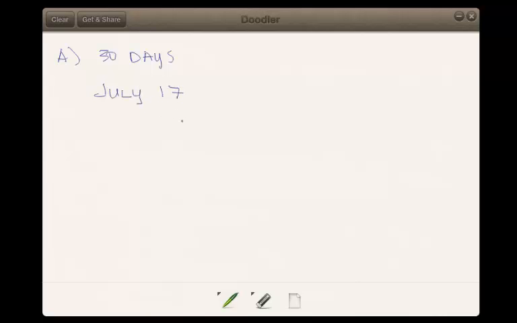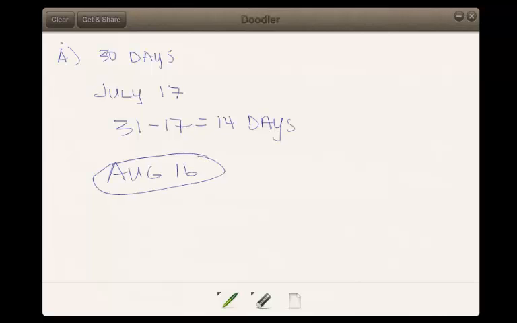July has 31 days in it, so 31 minus 17 is 14 days left in July. So that's 14 of the 30 days until the maturity date, which means we have 16 days to go. 16 days into the next month of August is August 16th. So that's our maturity date.